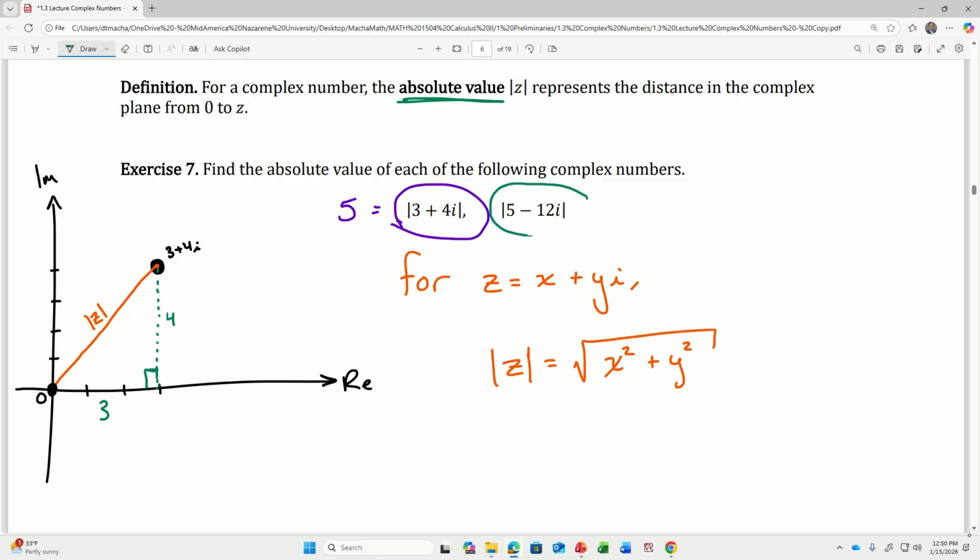And for this number over here, 5 minus 12i, what's the absolute value of this number?